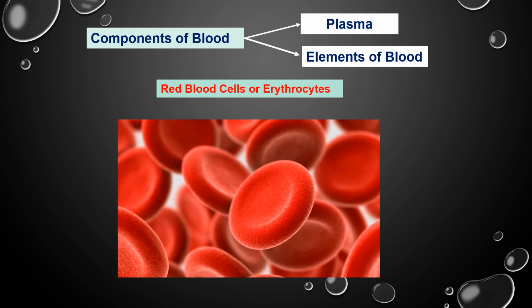The RBCs are red in color due to the presence of the respiratory pigment hemoglobin. Matured RBC does not have a nucleus and other cell organelles.